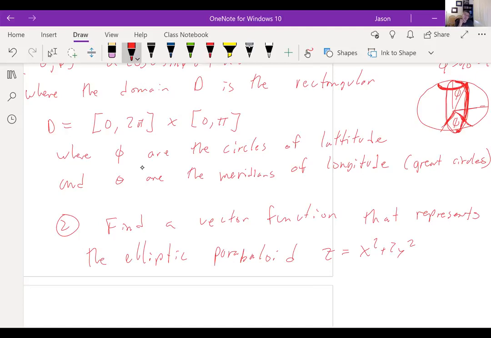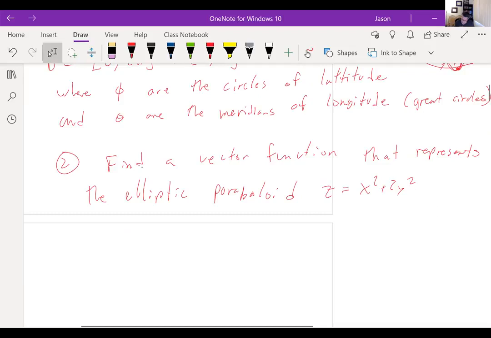So we want to parameterize this, okay, and this is a three-dimensional figure. I'm going to parameterize this in 3 space, okay, using 2 variables.